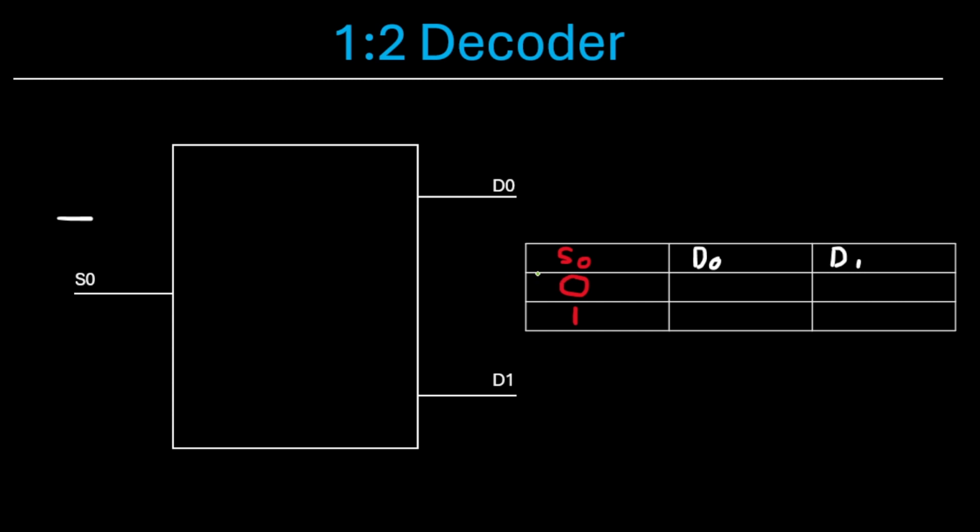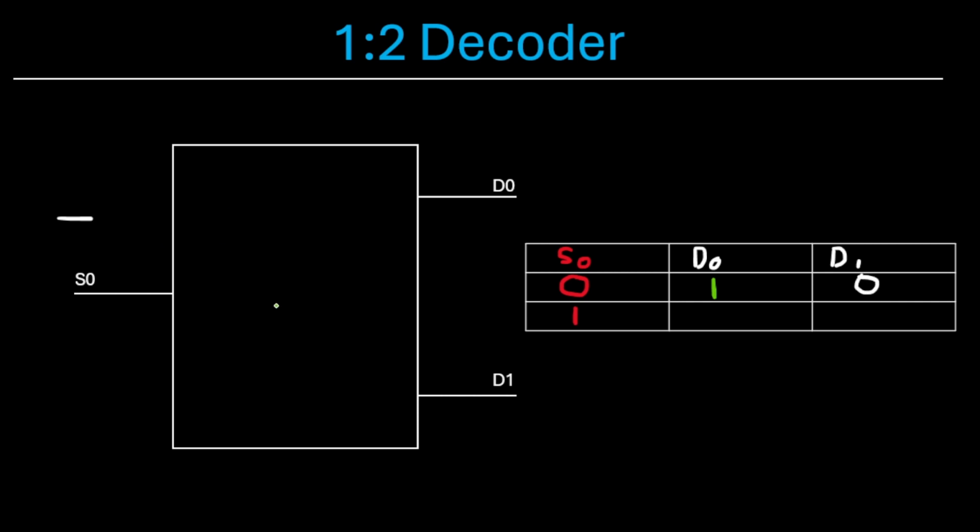So if we input a 0 on our S0, which is binary 0, our output is going to be decimal 0, meaning that the D0 pin will be high, or logic 1, and the D1 pin will be off, or logic 0.